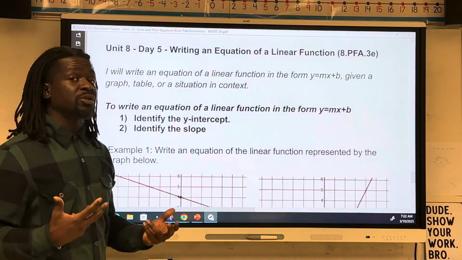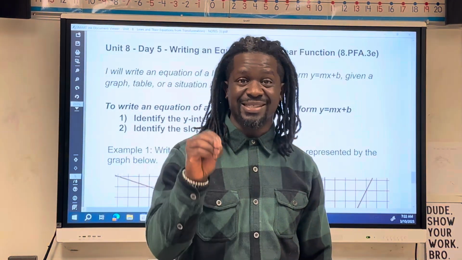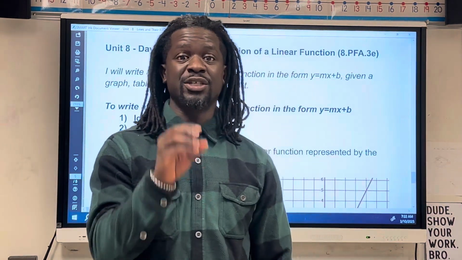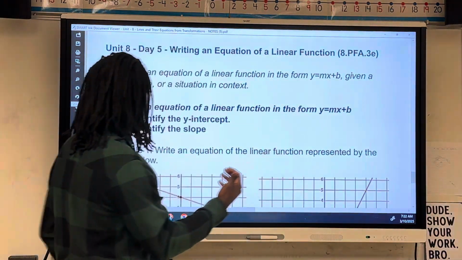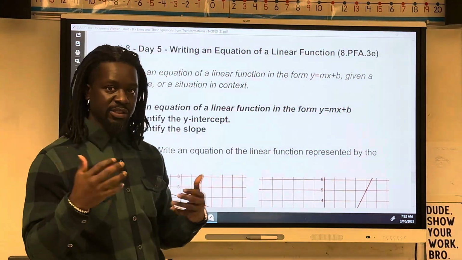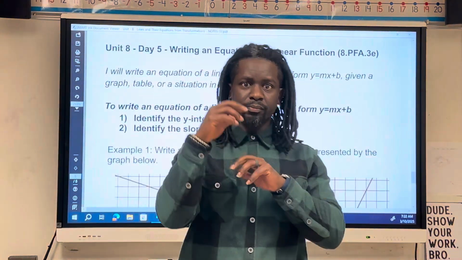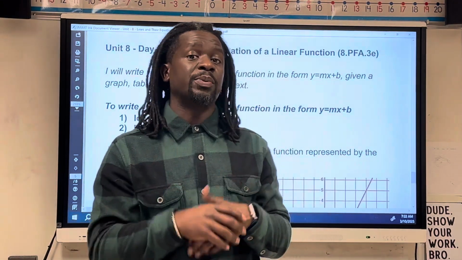First, I like to start with identifying the y-intercept because that tells me an exact point on our function. From there, I need to also identify the slope. Once I have the y-intercept, I can use the points to determine the slope or figure out the slope in other ways.